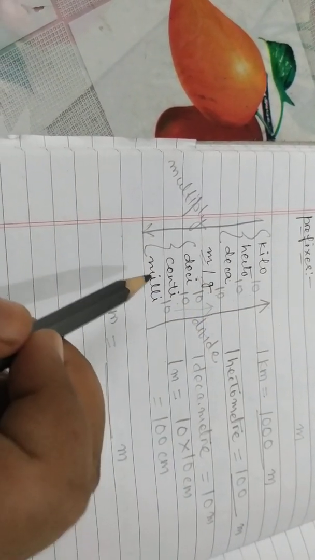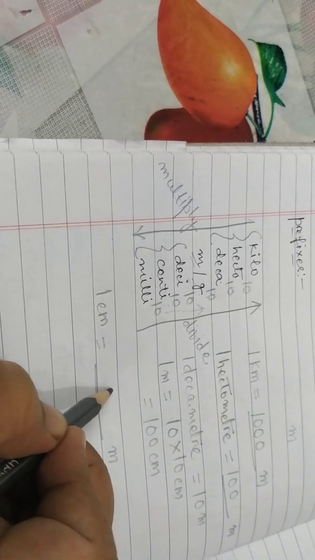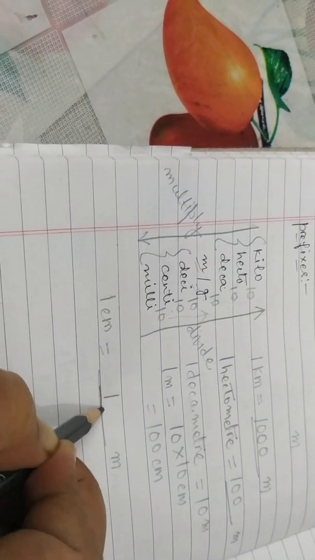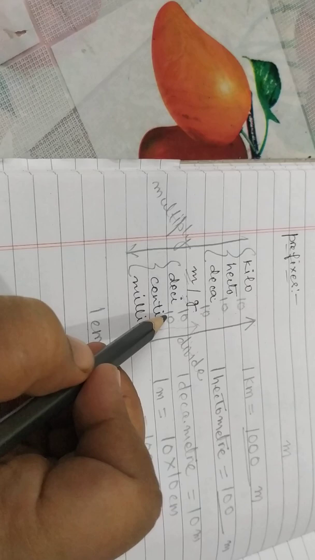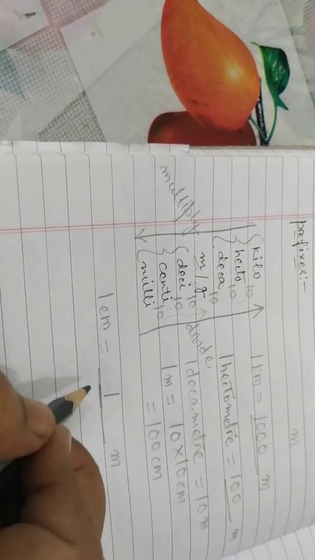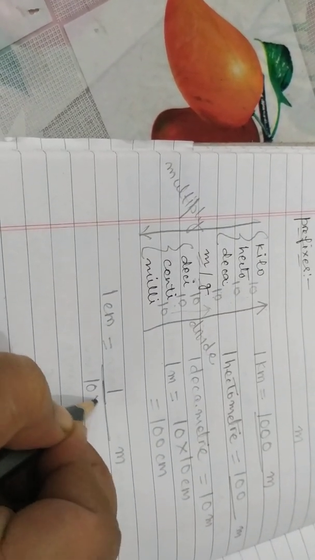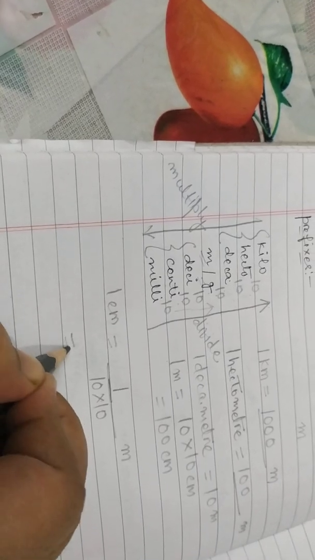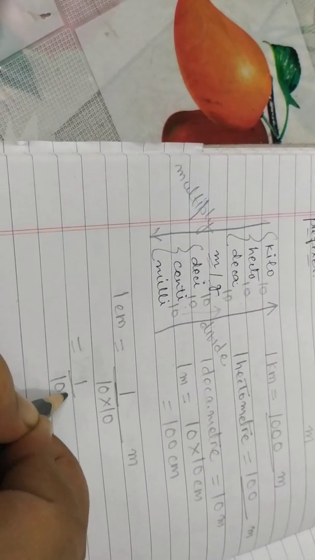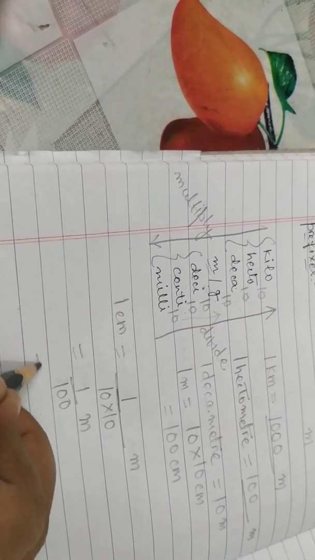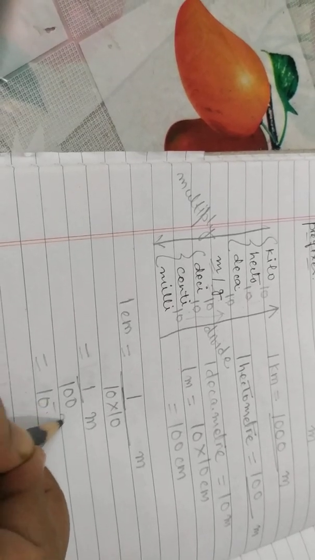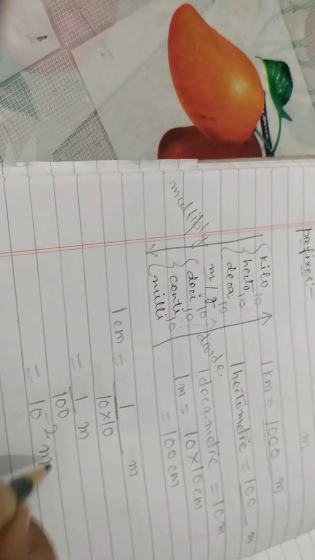While going upwards, we divide. This becomes 1 upon 10 into 10, so 1 upon 100 meter, or you can simply say 10 to the power minus 2 meter.